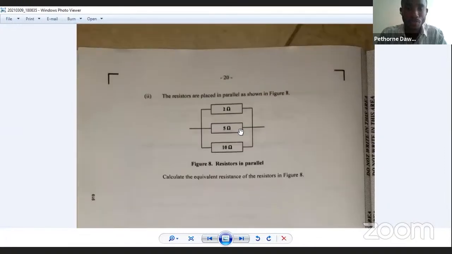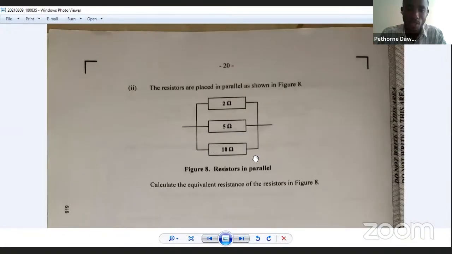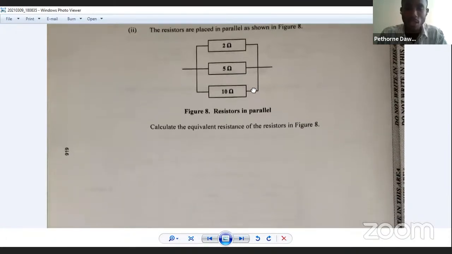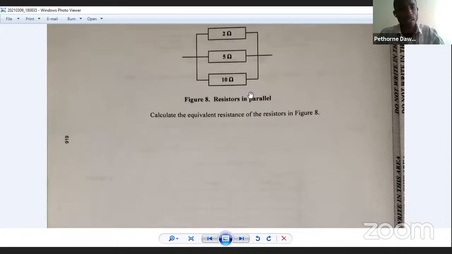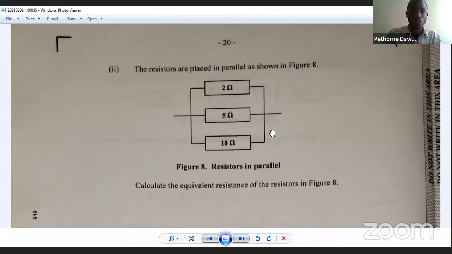All right, so they are now in parallel, and they ask you the same question. What is the equivalent resistance here? Anybody, whether it be Brian or otherwise, do you remember or know what the equation for resistors in parallel is in terms of equivalent total resistance?